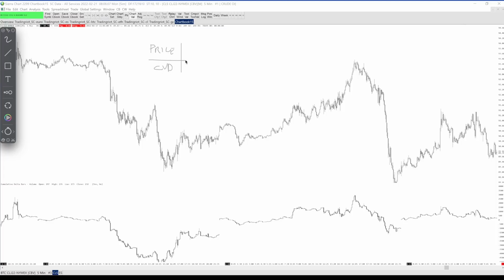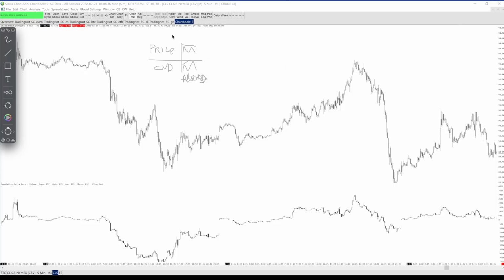The first one is when, let's say you go up and the market makes a lower high at a level, and the CVD makes a higher high. This is called absorption.